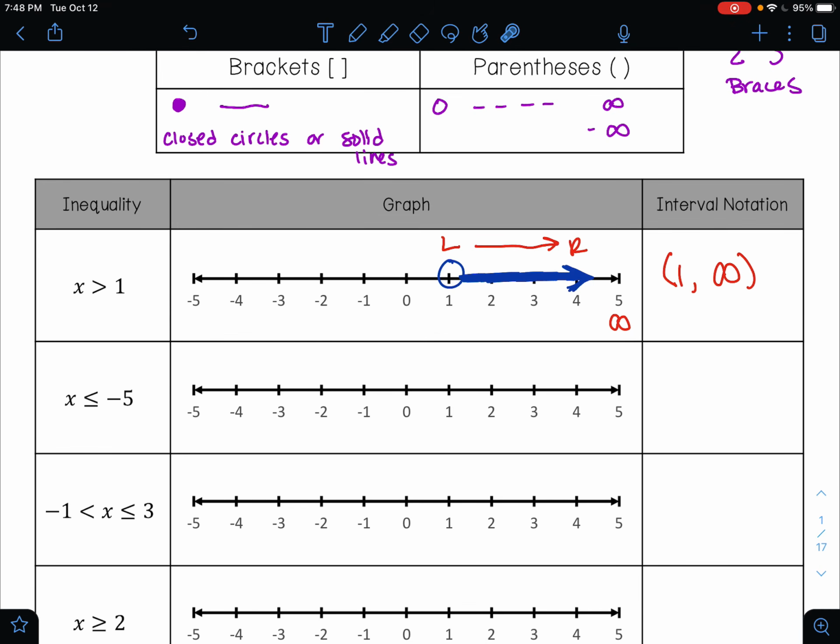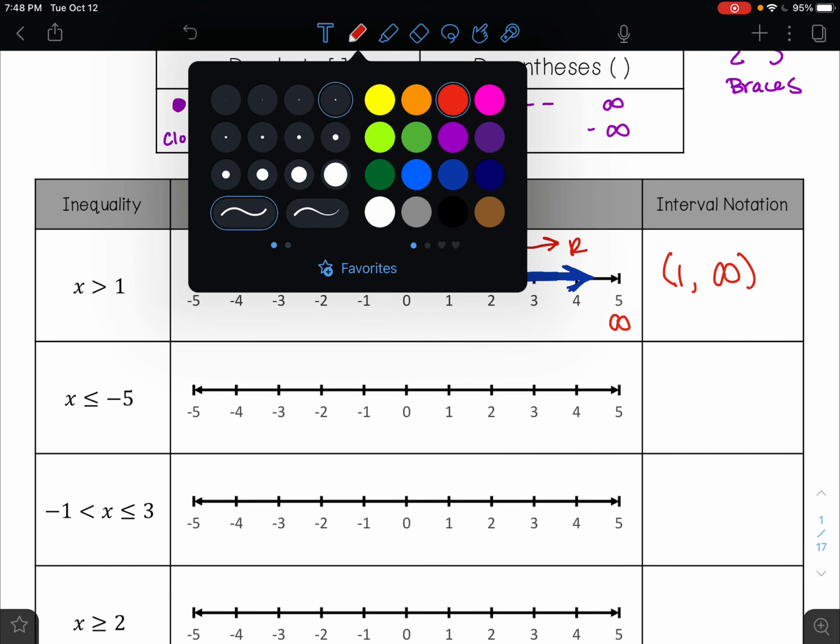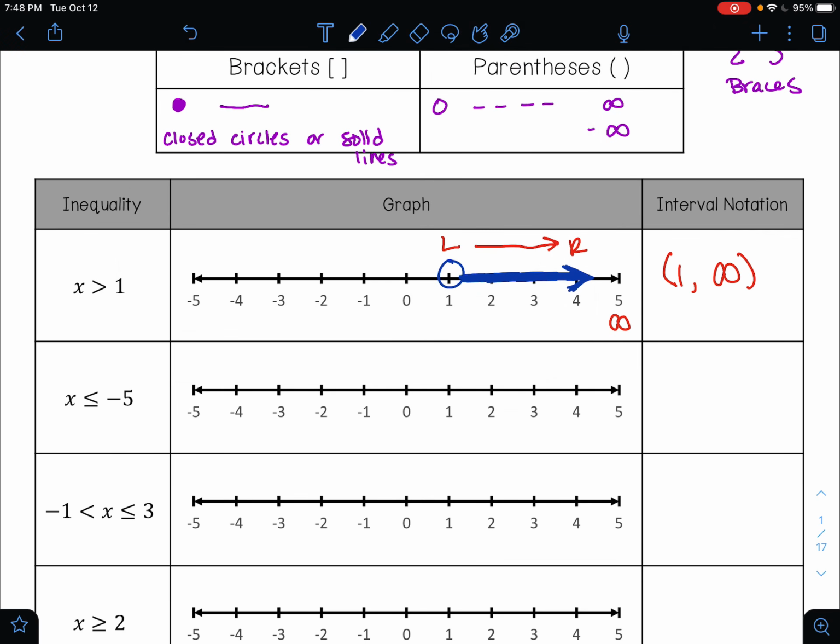Let's try that again with the next one. Here we have x is less than or equal to negative 5. Well, negative 5 is going to have a closed circle. And then I want all the numbers that are smaller than negative 5, so I would shade to the left.